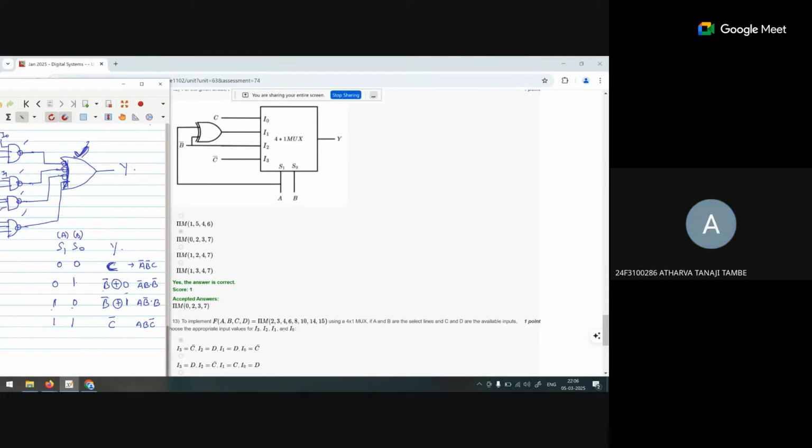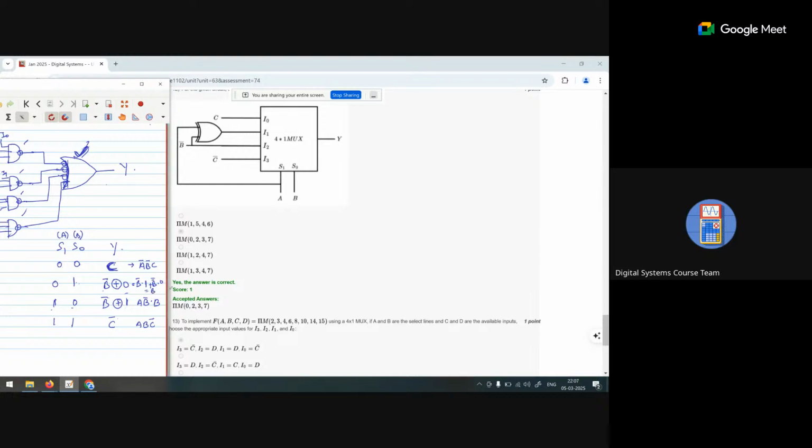So, sir, in second and third case, it will be 0 only. Wait a minute. It is 0, 1, 1, 0. So it is A bar B, and when we are taking the XOR gate, okay. Can I solve for the Y? So it becomes A B bar dot 1 plus B bar dot 0.